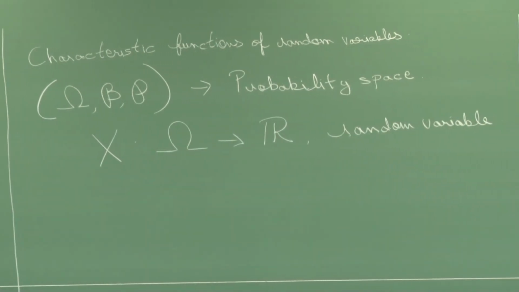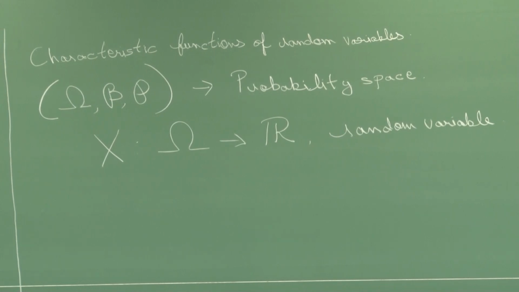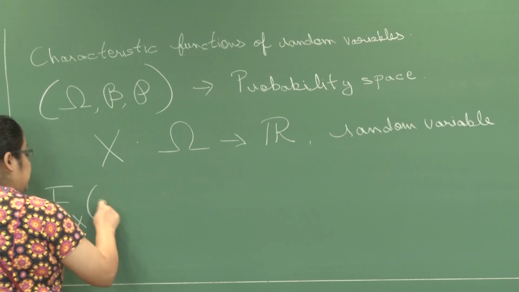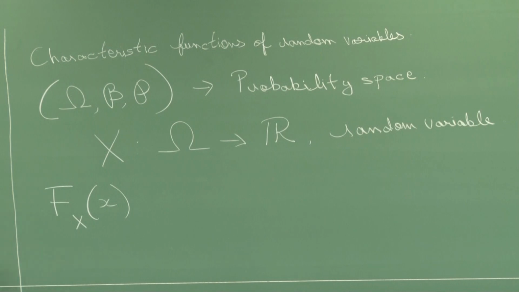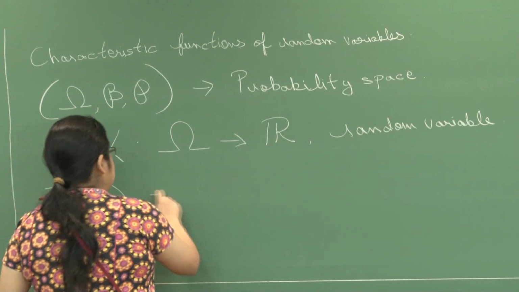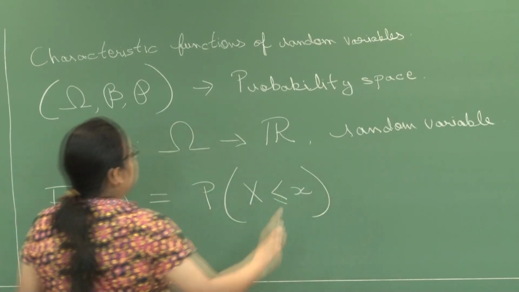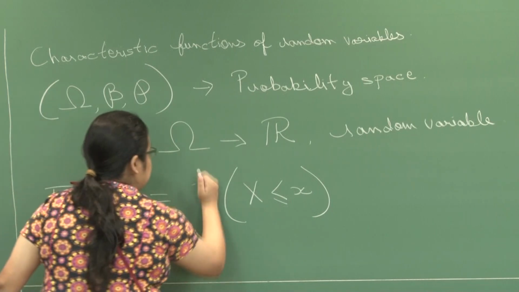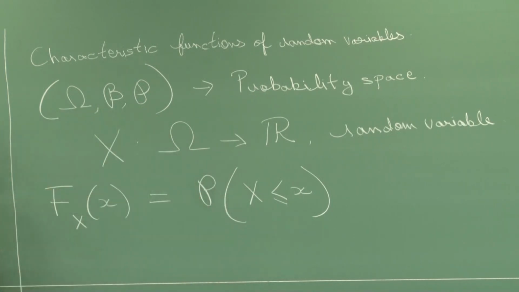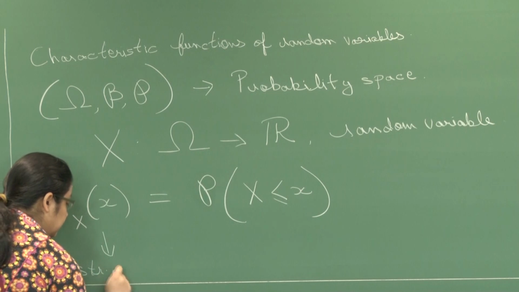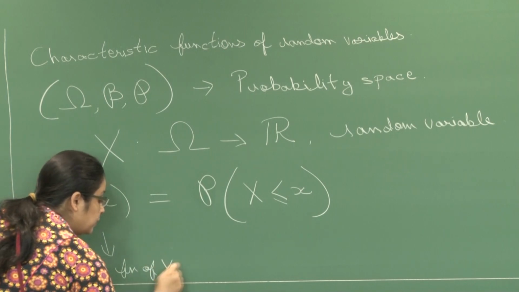Now, corresponding to a random variable, we have the notion of distribution functions. So, F sub X of x, for any little x in R, is the probability that capital X is less than or equal to x. We all know that this is called the distribution function of X.